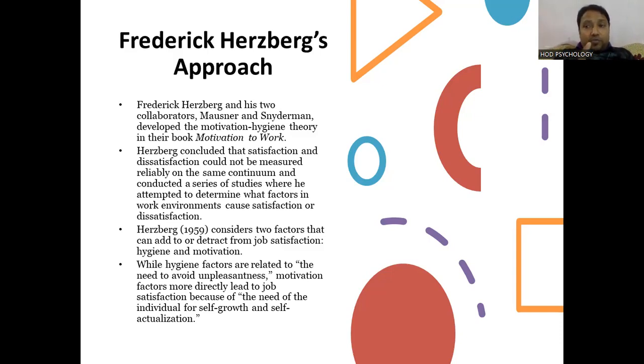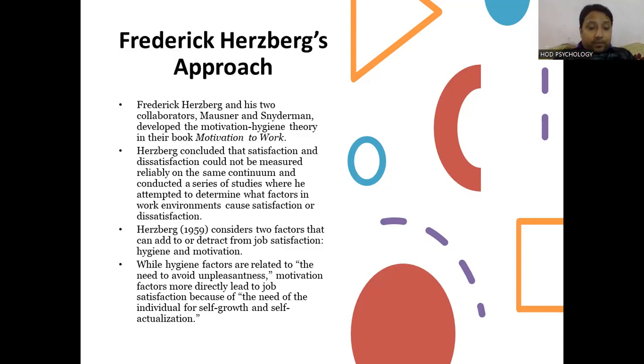So you should be aware of the difference between content theory and process theory, and be clear that we are discussing content theory, not process theory. Okay, so let's continue with the current theory, Frederick Herzberg's two-factor theory.